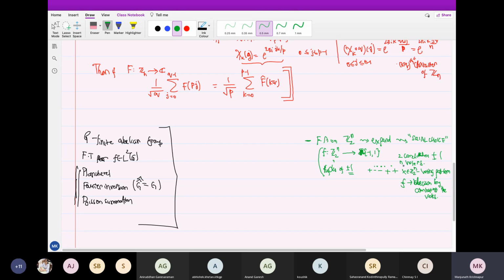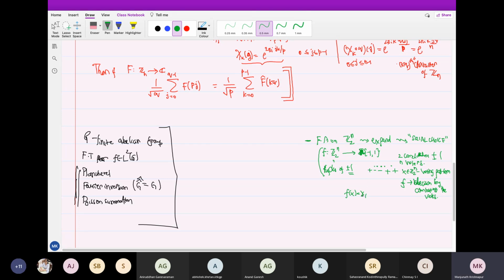You may take f of x to be the majority, meaning if there are more plus ones, you say f of x is plus 1, and if there are more minus ones, you say f of x is minus 1. This is the normal voting system. But you can have other things. f of x can be x1. Everyone can vote, but Modi will decide what will happen.